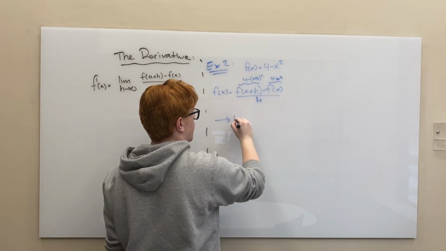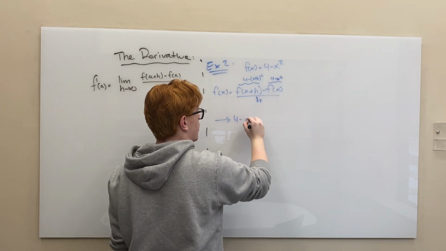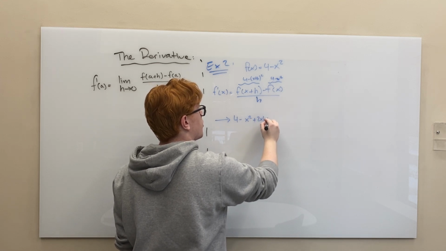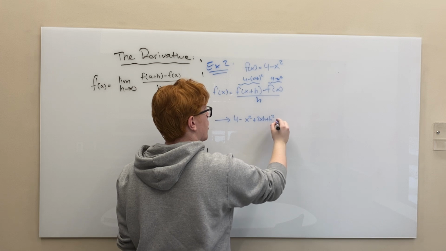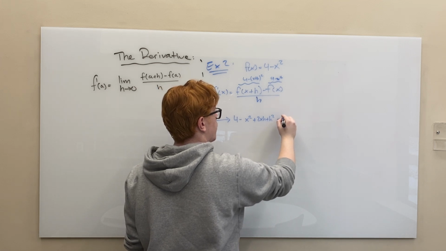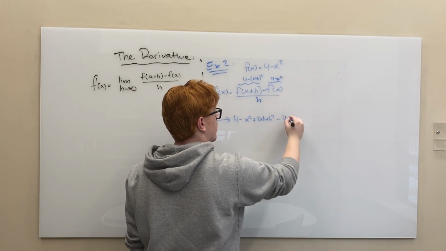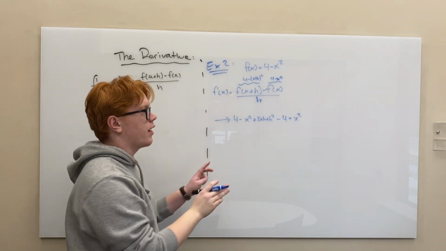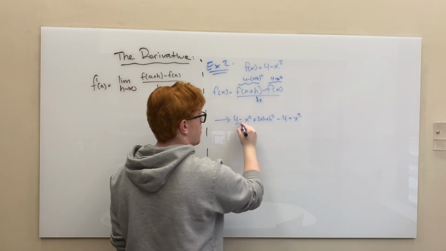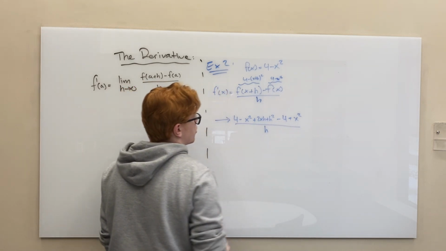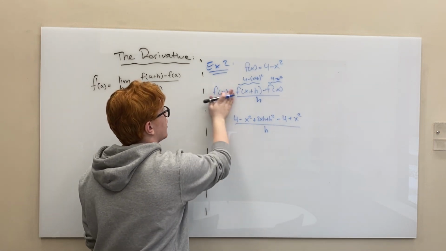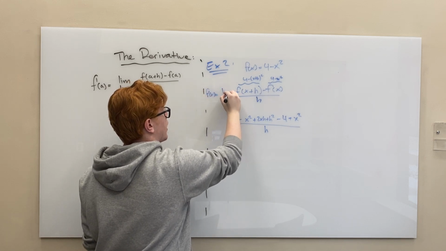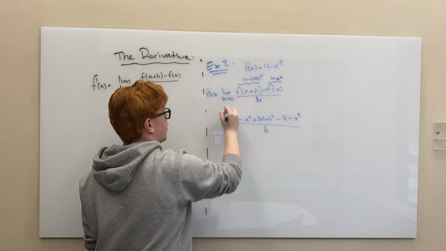So we're going to have 4 minus x squared plus 2xh plus h squared, minus 4 and then plus x squared. Take a moment to check that algebra, make sure it's right, and that's all over h. And of course, I always forget to write this: f prime of x is equal to the limit as h approaches 0.